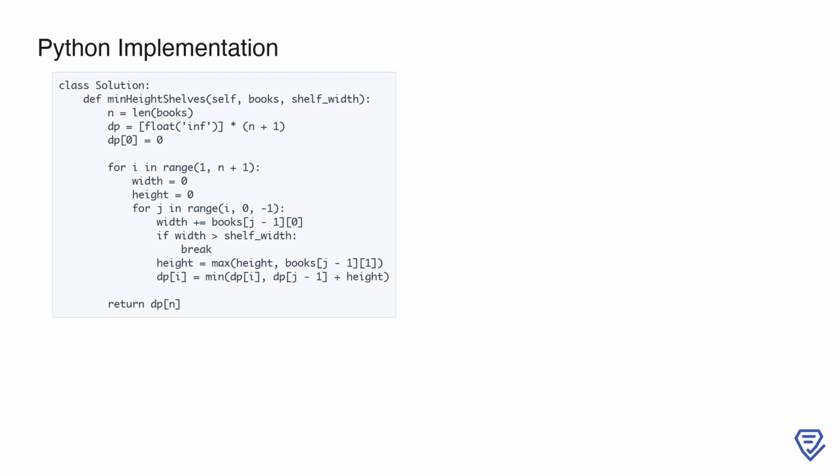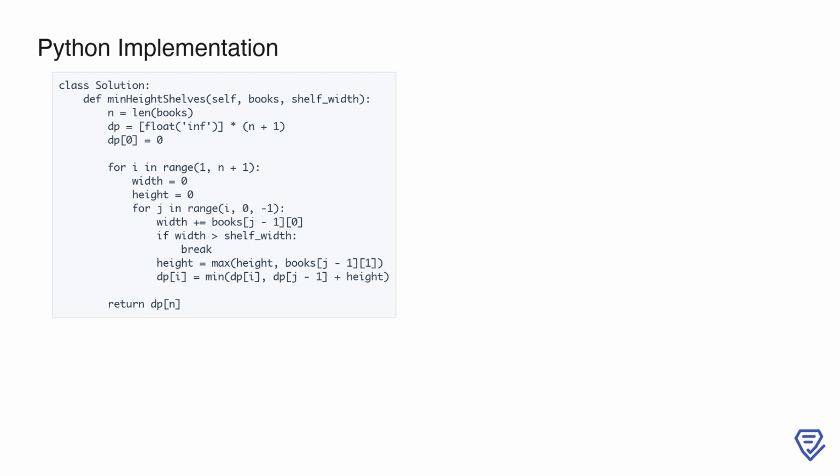If adding the next book exceeds the shelf's width, we break out of the loop. Otherwise, we update dp[i] to the minimum of its current value and dp[j-1] plus height, where j-1 represents the books placed on previous shelves. After processing all books, dp[n] contains the minimum height required to place all books on the shelves.